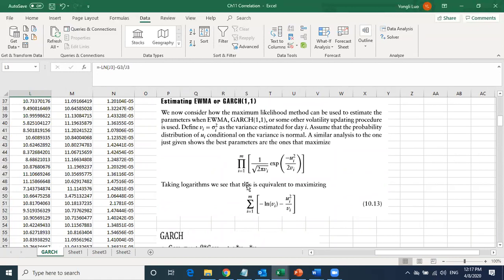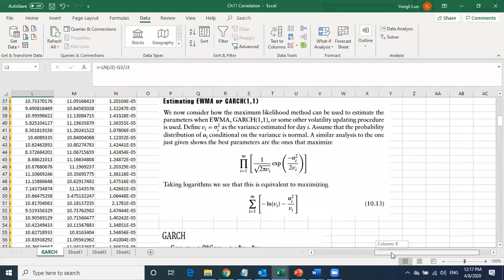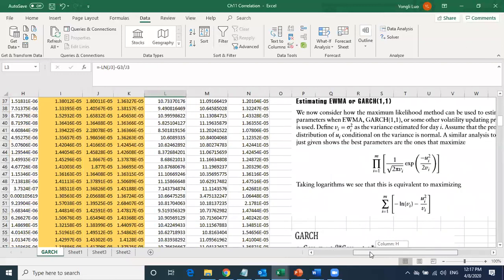To estimate the GARCH 1-1 model, taking the logarithm, we see that this is equivalent to maximizing the sum of the negative of the ln of the long run variance minus the squared return divided by the long run variance. You sum them up.